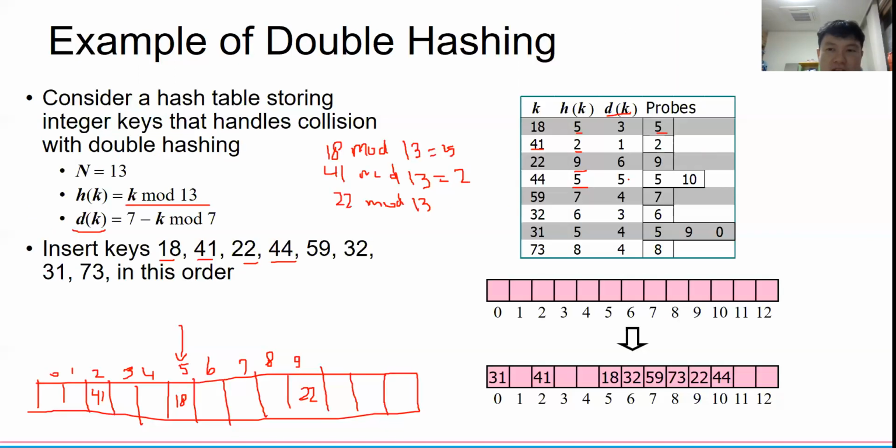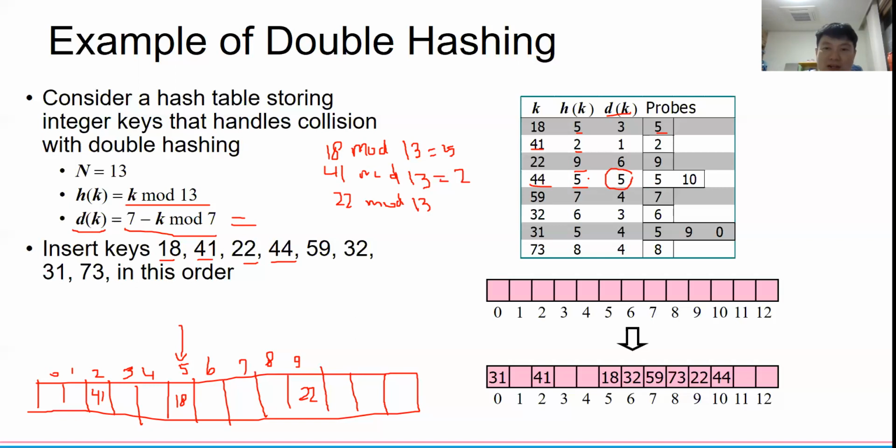What is dk? dk is 7 minus k mod 7. So k in this case is 44. 44 mod 7 is 2, and then 7 minus 2 will be 5.